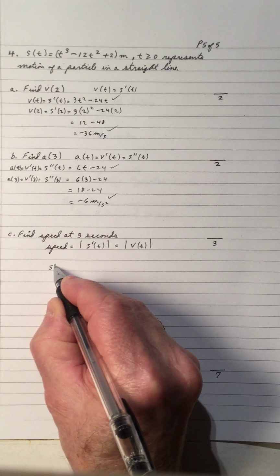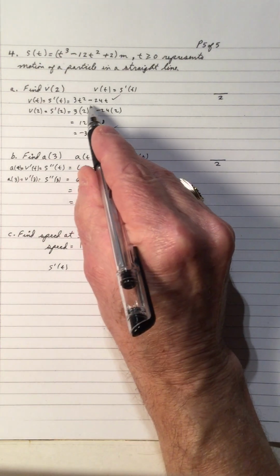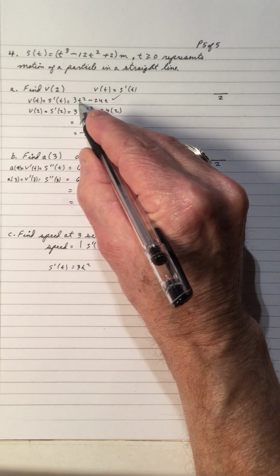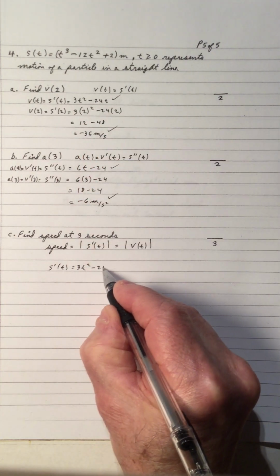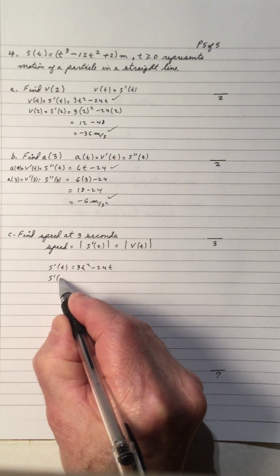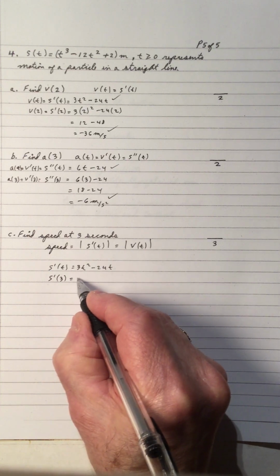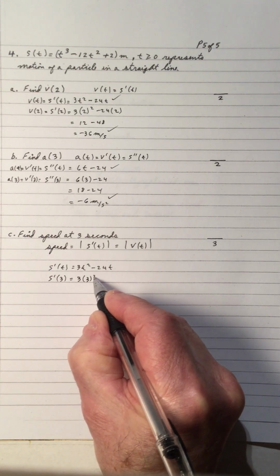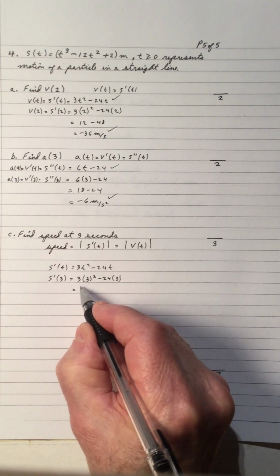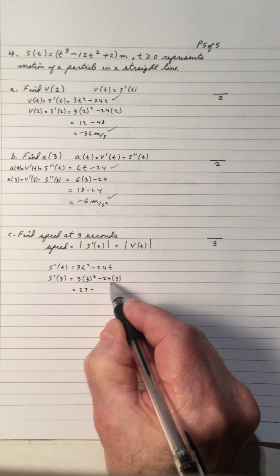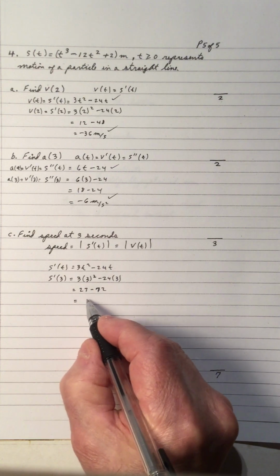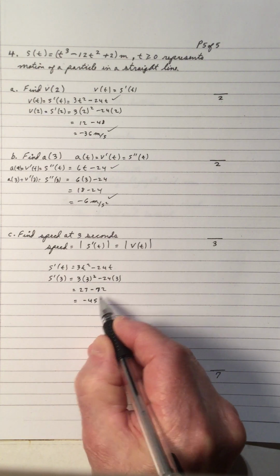So S prime t is right here. So S prime t is 3t squared minus 24t. So at 3 seconds, S prime of 3 is, put 3 in the place of t, 9 times 3 is 27, and that's 72, and 27 subtract 72 is a negative 45.